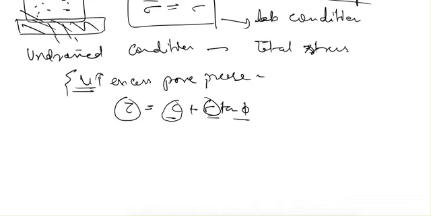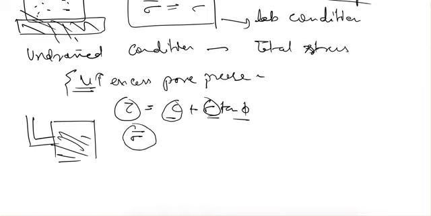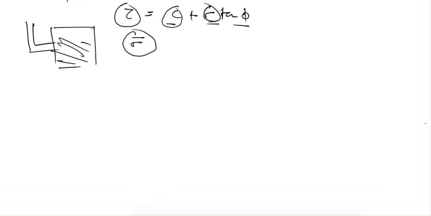And in some cases, if we can measure the pore water pressure by inserting a piezometer in the soil, then we can conduct the effective stress analysis also. But generally for undrained condition, total stress analysis will be done.